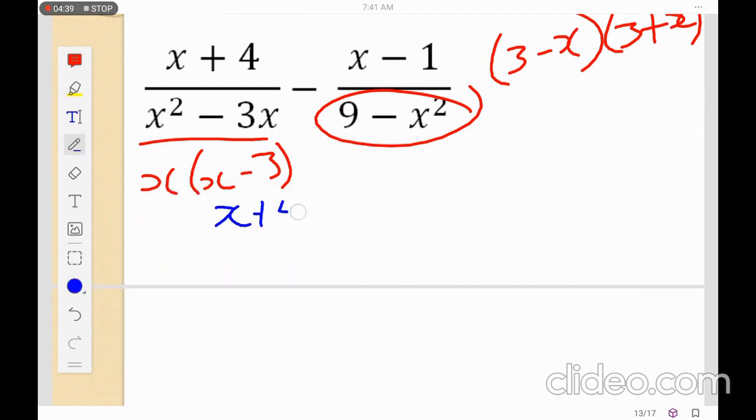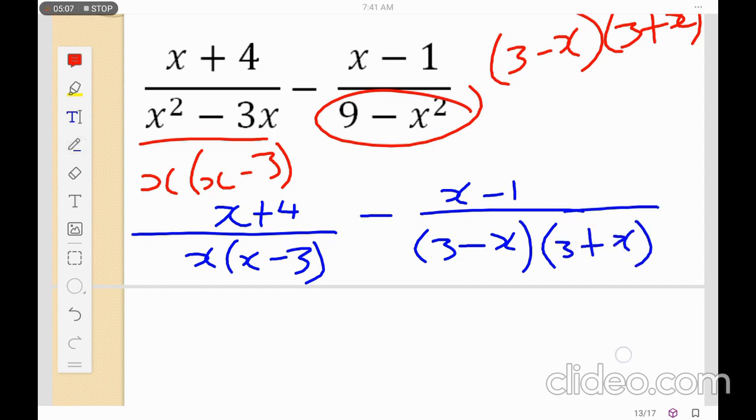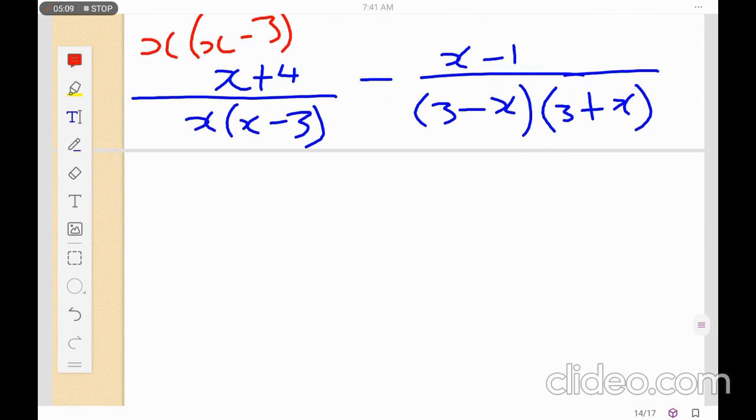So I can rewrite and have x plus 4 over x minus 3 minus x minus 1 over 3x minus, it's 3 minus x there, 3 minus x, 3 plus x. So now let's simplify and find the lowest common factor for these ones.